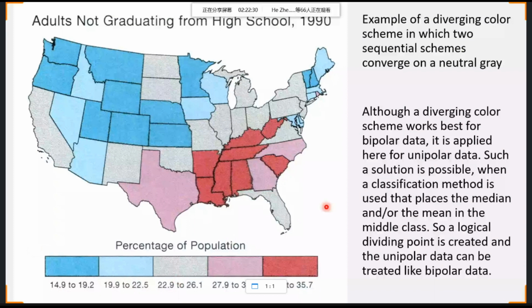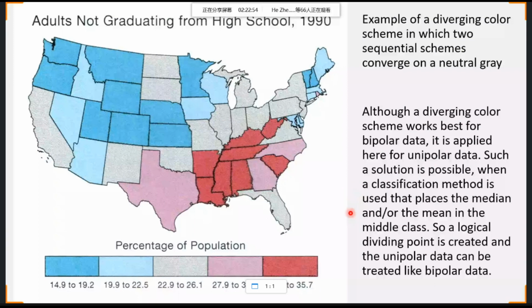So although such a scheme works best for bipolar data, it is applied here for unipolar data because we have still the same topic, adults not graduating from high school. Such a solution is possible when a classification method is used that places the median and or the mean in the middle class.